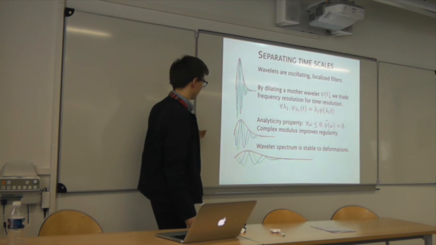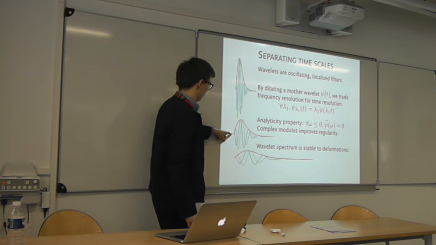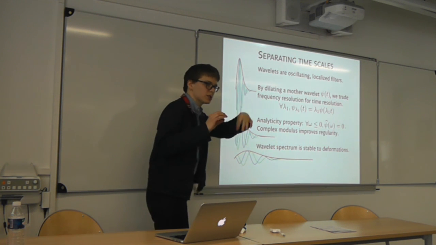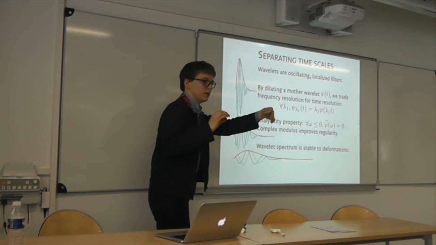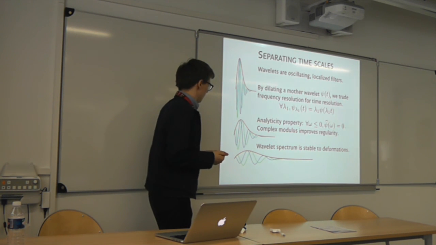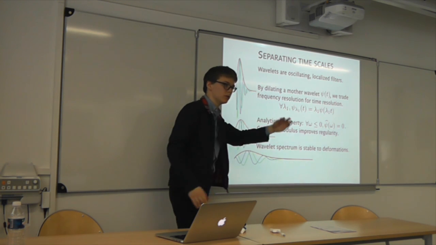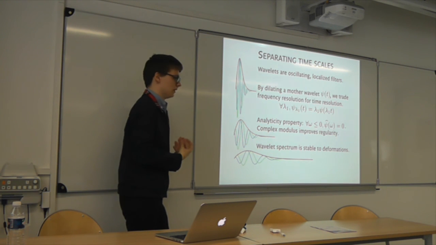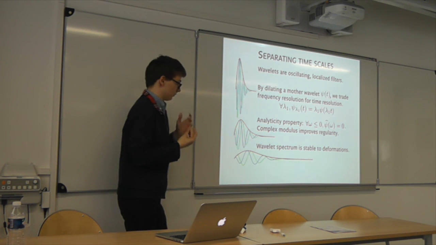And as you can see, quite obviously, although the blue and green lines will somehow match the typical oscillations in your data because it's vibrating, once you apply the modulus to it, well, it has a nice smooth shape. So you give regularity to the wavelet transform.